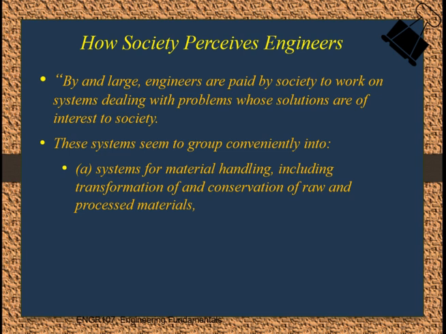Okay, so the systems which the engineers follow to provide the solutions, they can be under these three categories. Okay, the systems which engineers provide to the society as a solution to their problem can be under three categories.